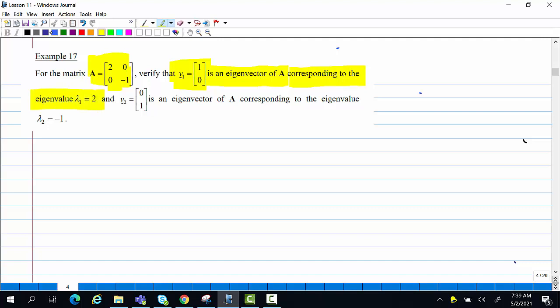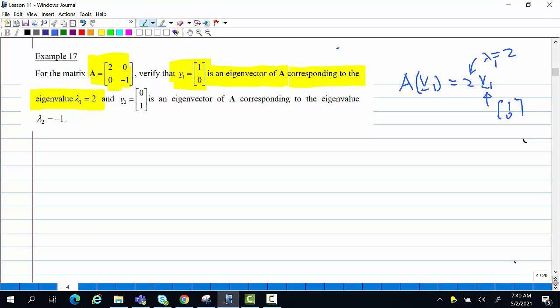Which means that you want to show that A times V1 is supposed to be 2 times V1, because lambda is 2 now, and V1 is 1, 0.